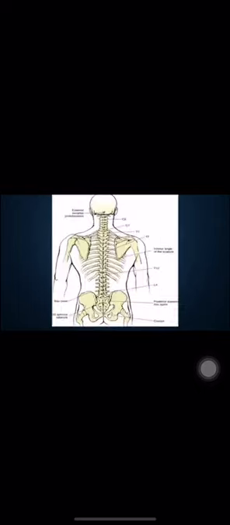So the base of the spine of the scapula corresponds to thoracic vertebra 3. And the level of the lower angle of the scapula corresponds to the T7 vertebra, which you can see here.